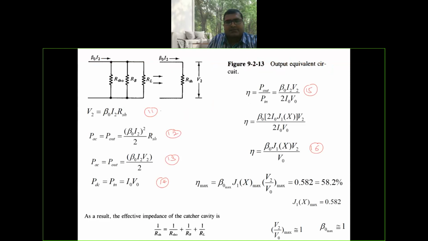The voltage at the equivalent circuit of catcher cavity, that is V2 is equal to beta naught I2 current and effective shunt resistance and the AC power output. We know the formula I square by 2 into RSH. And for DC, it is P DC is equal to I naught V naught.